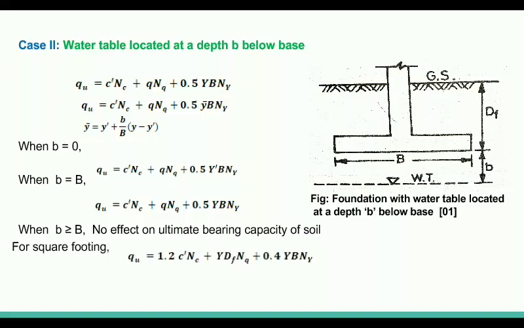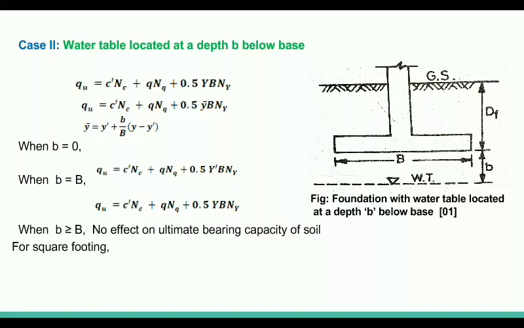So finally, for the square footing: whatever relation we have discussed is for the strip footing. By deriving the formula of bearing capacity of soil according to Terzaghi theory, we have taken the assumption that the foundation is a strip foundation.